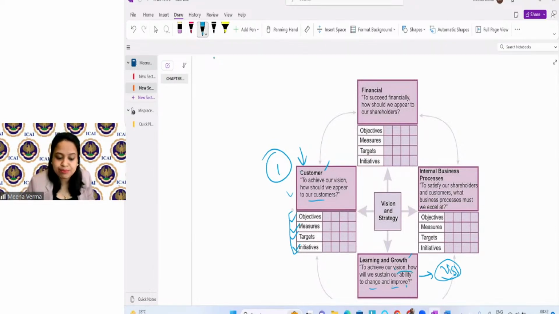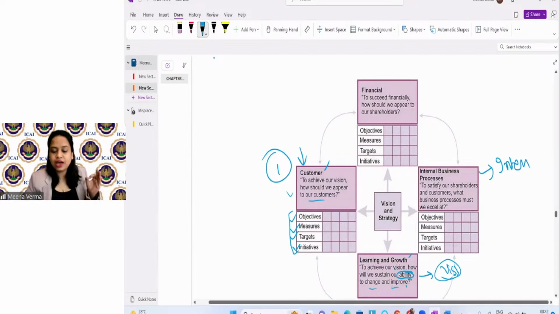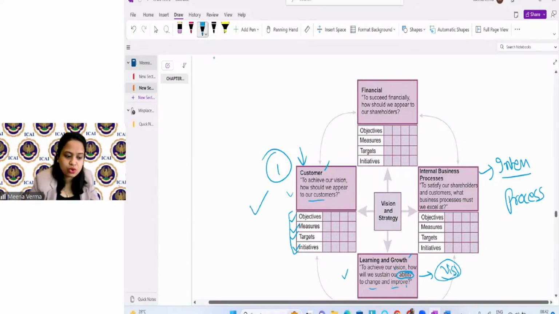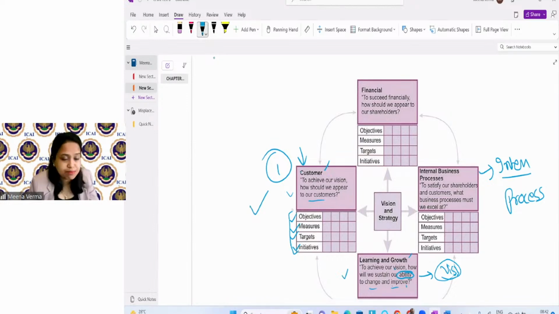And that will happen by the ability of the company to change. So the company will improve themselves, right? Like here, the company will first improve the internal business process, right? And first improve the process, then what will happen? The employee will itself improve and you can achieve the organization goal like customer satisfaction and happiness and loyalty of the customer, right?